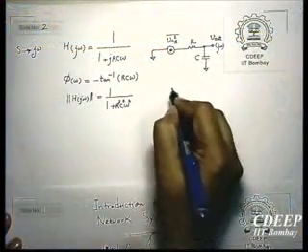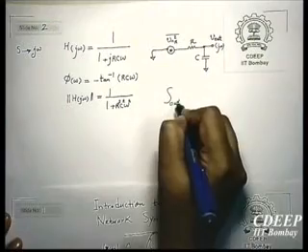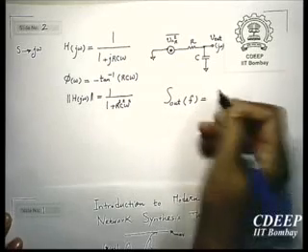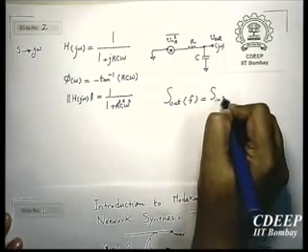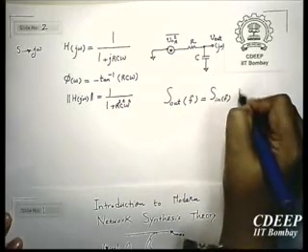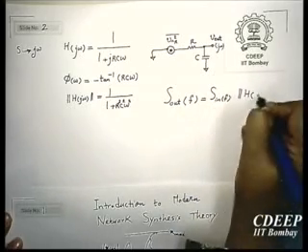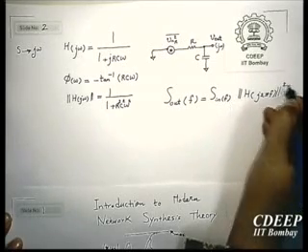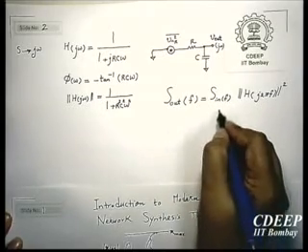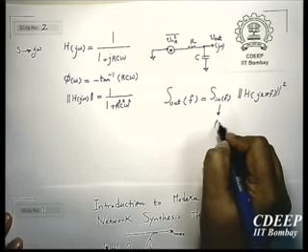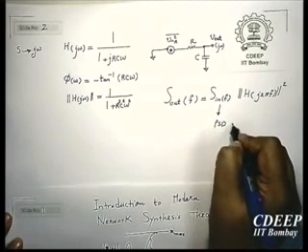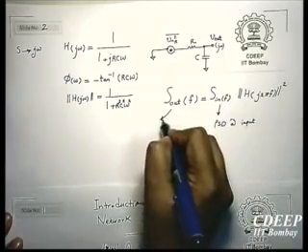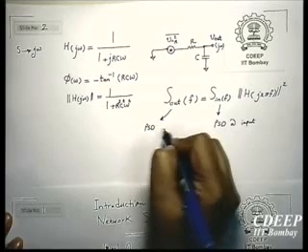So, you know this relation is valid for linear systems. This is PSD at input, and this is PSD of noise at output.